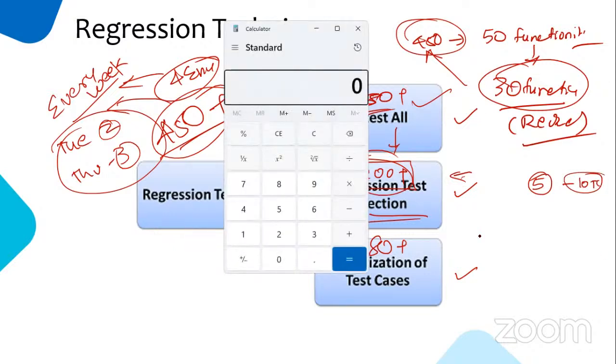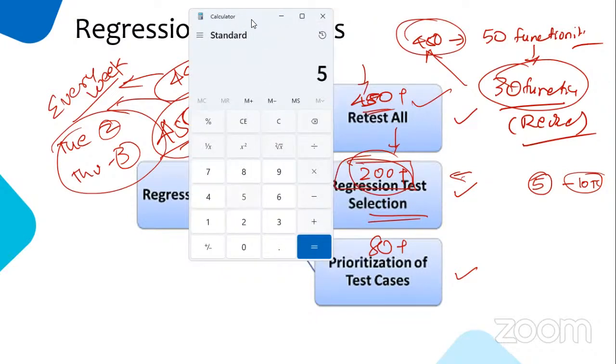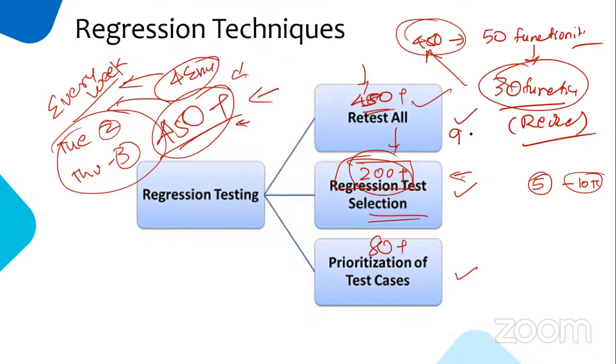If we do this manually, how long will it take? 5 into 10 is 50, right? I know this, but I'm just saying it. So 5 members daily 10 test cases is equal to 50. Totally, 450 divided by 50: 9 working days it will take.